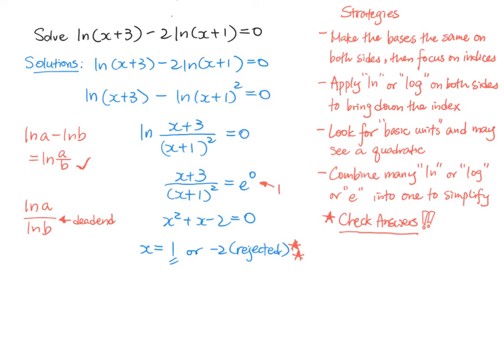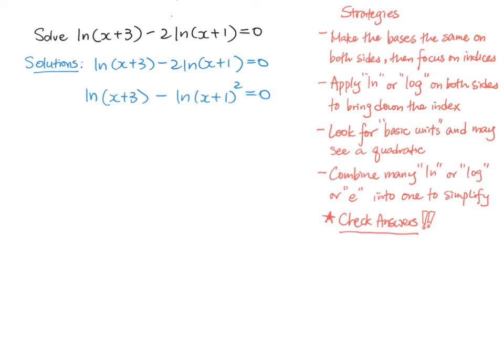Do you still remember, anything that goes inside the ln has to always be greater than 0. You still remember this is the graph of ln x. It always stays on the right hand side of the y-axis. It's not even touching the y-axis. So it's always greater than 0 for x as the domain. That's why it has to be rejected.